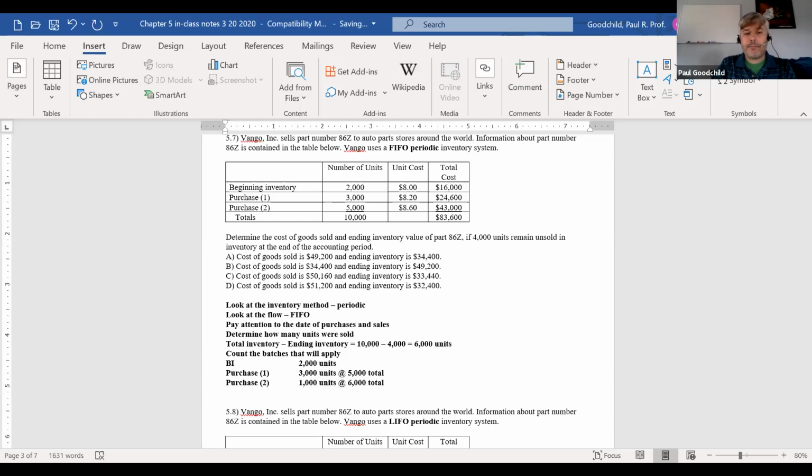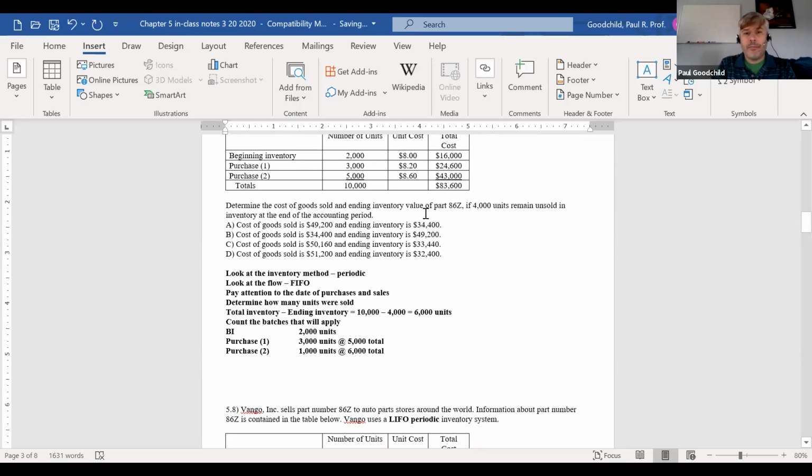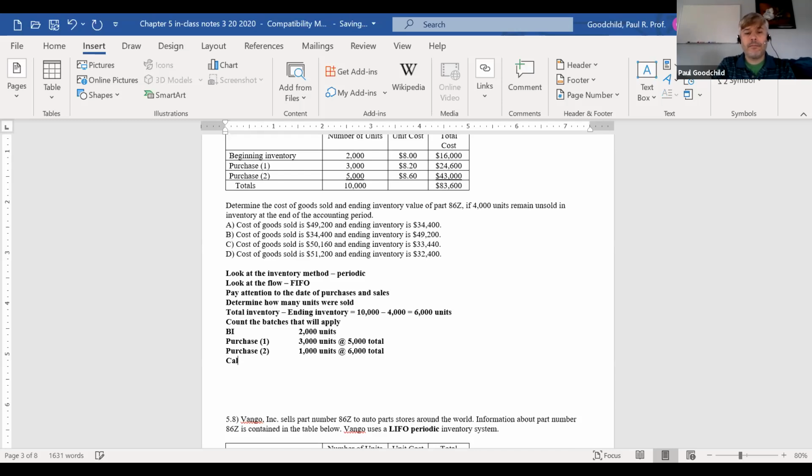Okay. And what we have to do is multiply those out by their unit cost. Now it's already done for us for beginning inventory, but it won't always be.